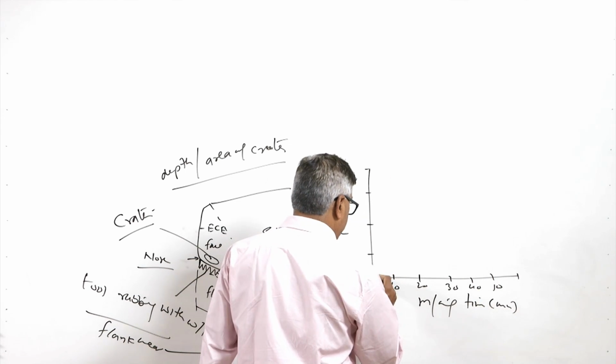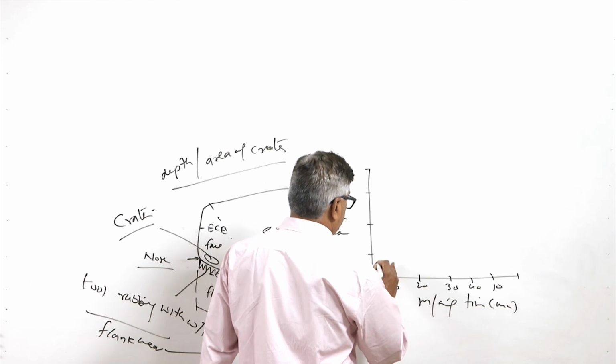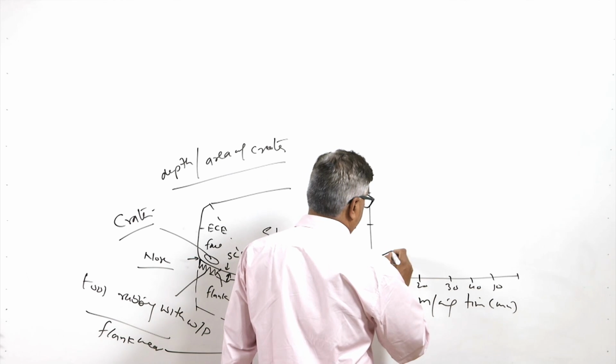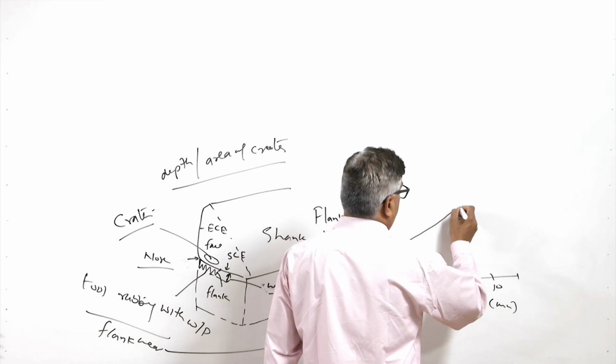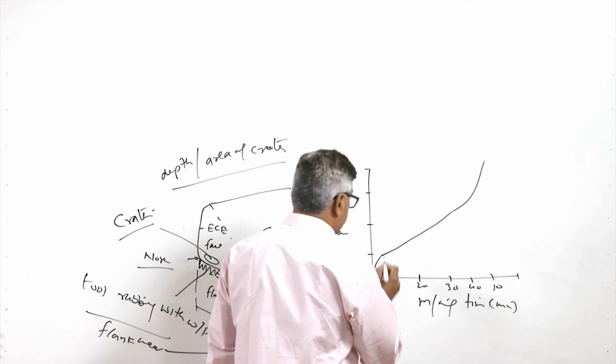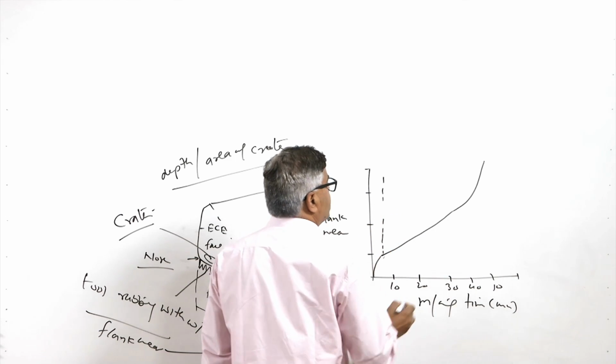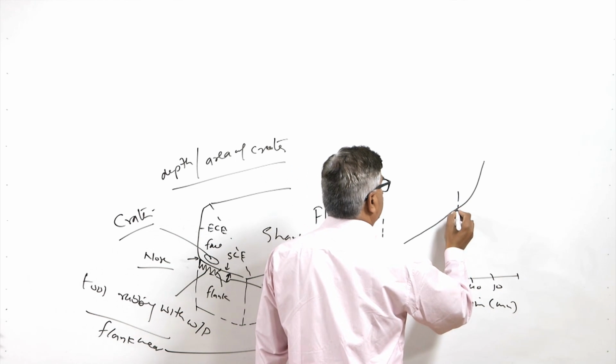So, what is normally observed is that initially the tool wears at a very fast rate, thereafter it wears at a slower rate, and then at an accelerating rate. So, there are three zones with regard to the increasing flank wear rate.